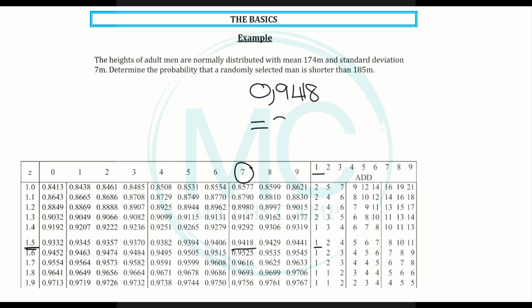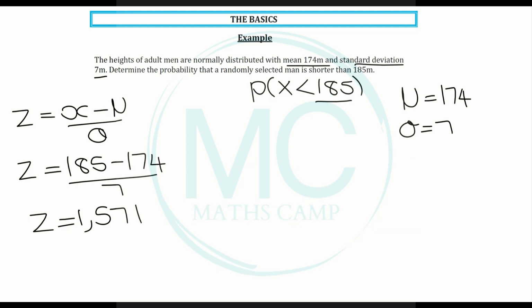And I get 0,9419. But again, we round off to 3 significant figures. I'm going to go back here, and I can say probability of z is equal to 0,942. And this is my answer.